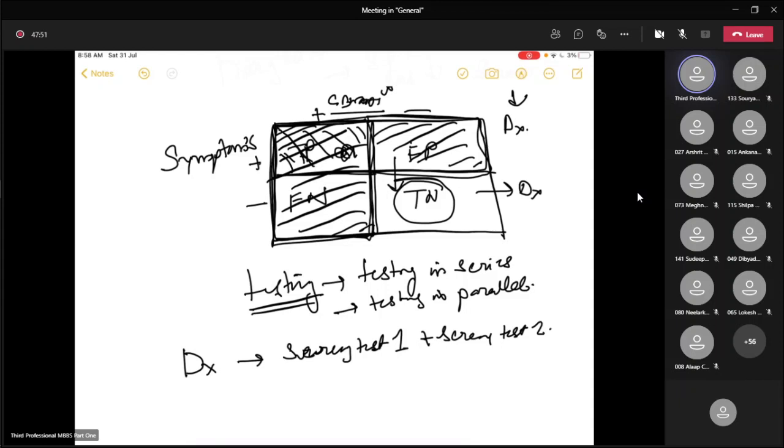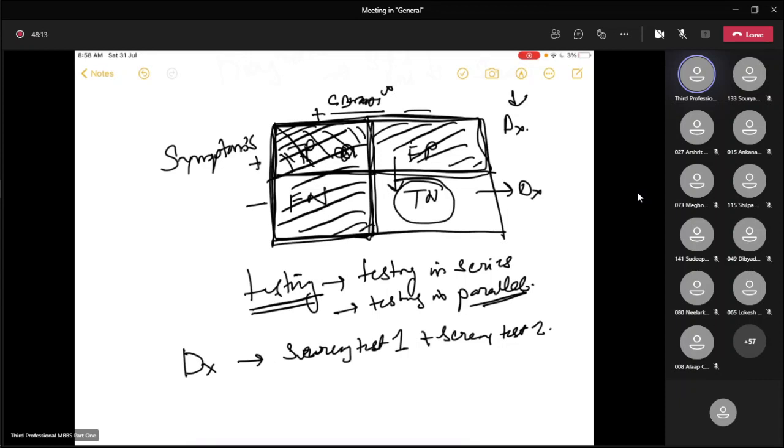And if the result comes positive in any one of them, then we shall say that the patient is having the disease. It becomes a diagnostic test. So two tests with high sensitivity can be combined in parallel to convert them into a diagnostic test.